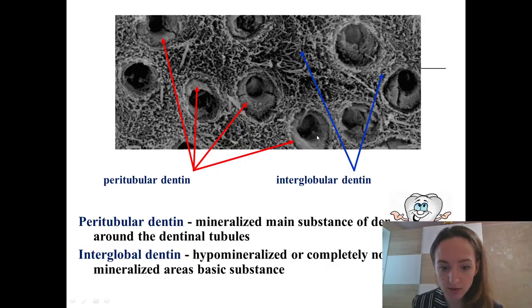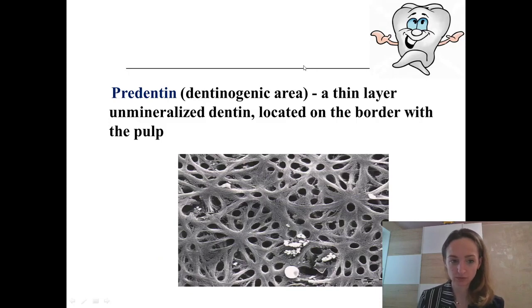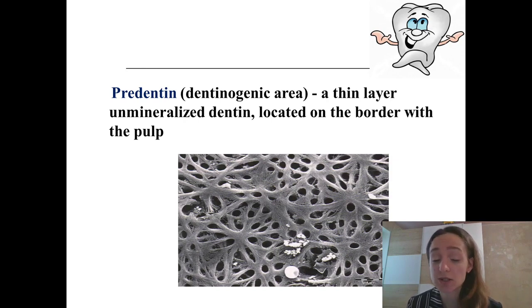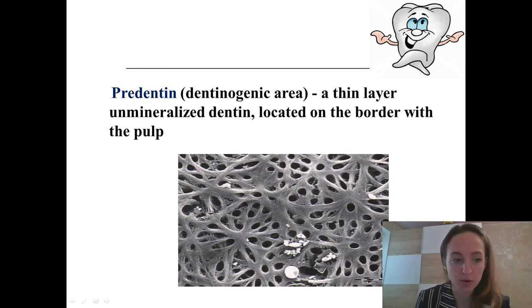Okay, and interglobular. Predentin is a dentinogenic area. It's a very thin layer of dentin that is not yet mineralized and is located on the border with the pulp. And also a photo from the microscope.